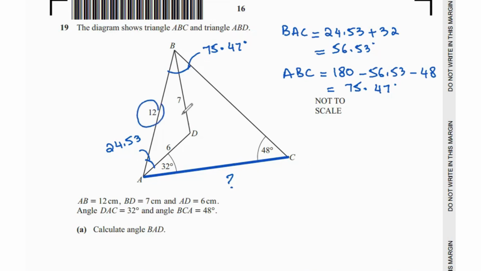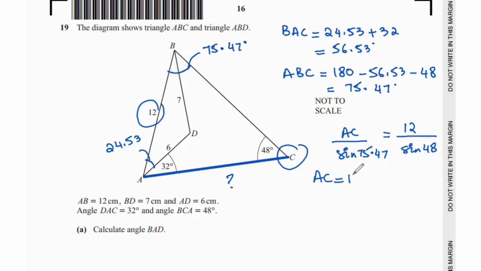So when we have one complete pair of angle and length, we can use the sine rule to figure out the missing information. As we've already found the angle B, we need to find the length opposite to angle B, which is AC. So it's going to be AC over sine of 75.47 equals 12 over sine 48.